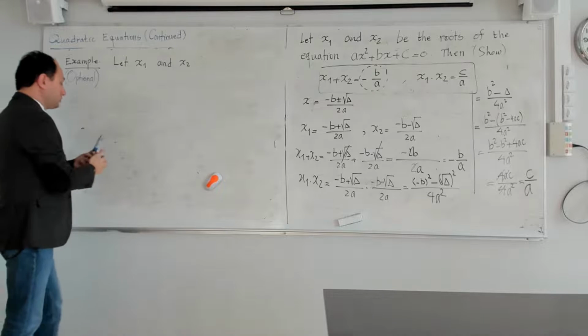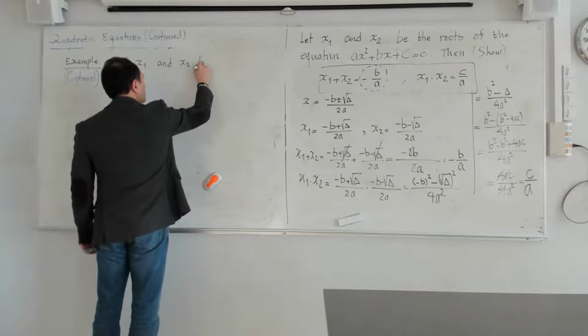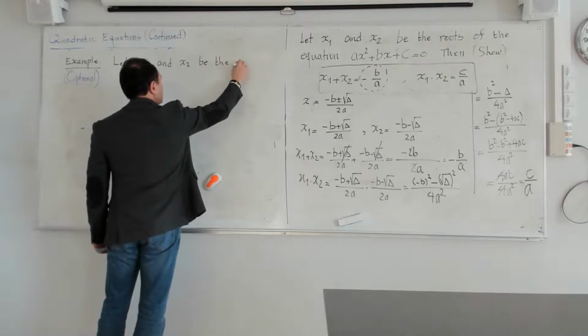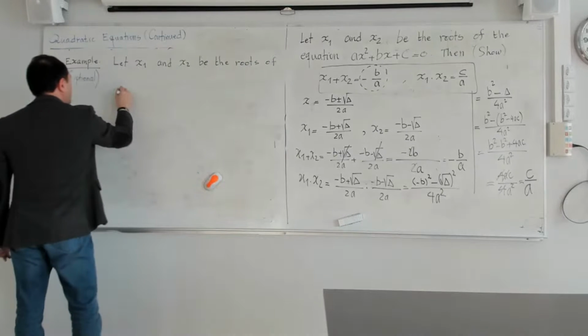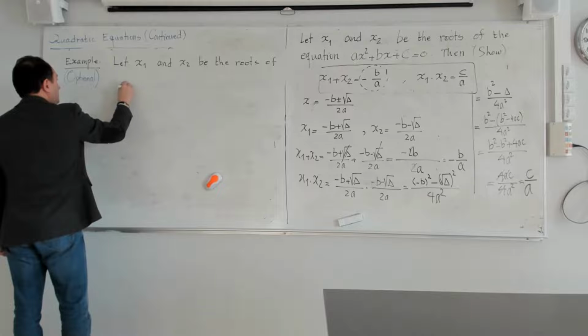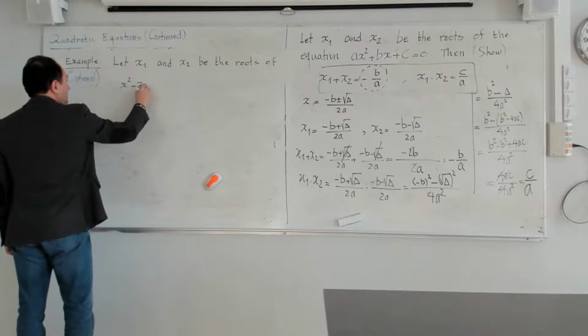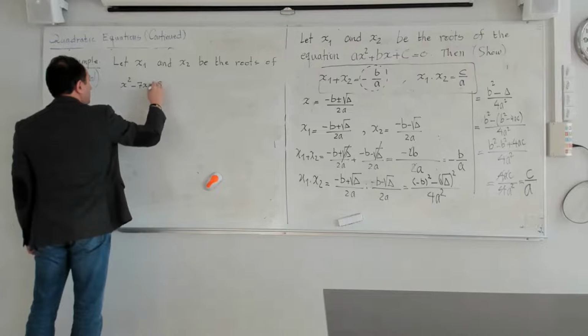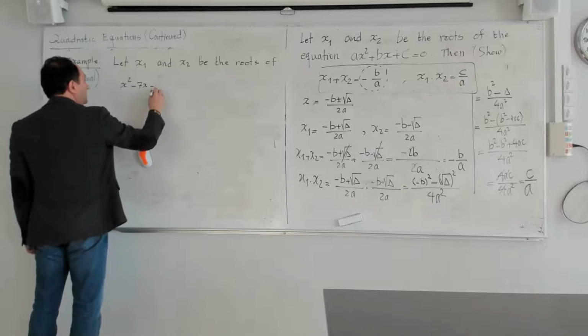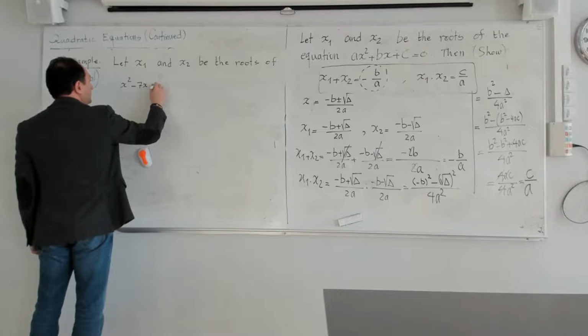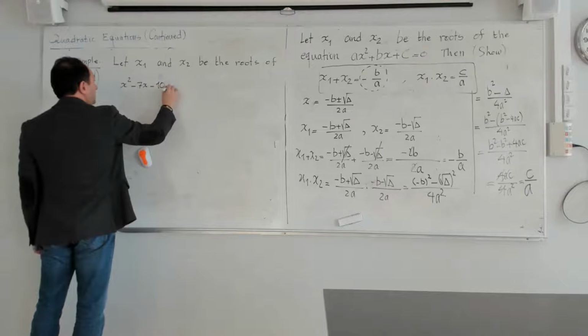Let x1 and x2 be the roots of this equation, for example, x squared minus 7x minus 8. No, minus 8, this is simple. So minus 10 equals 0.